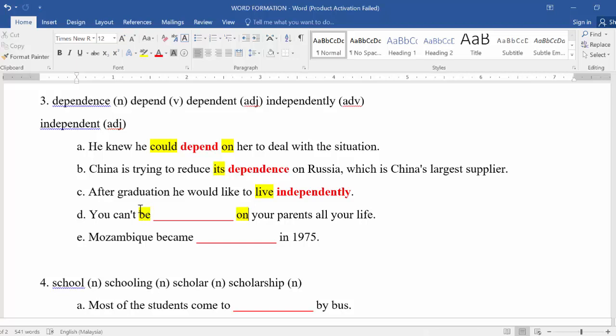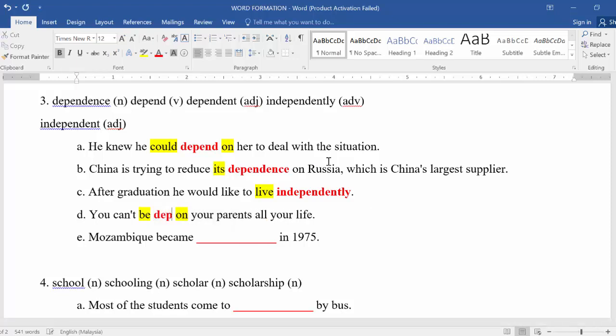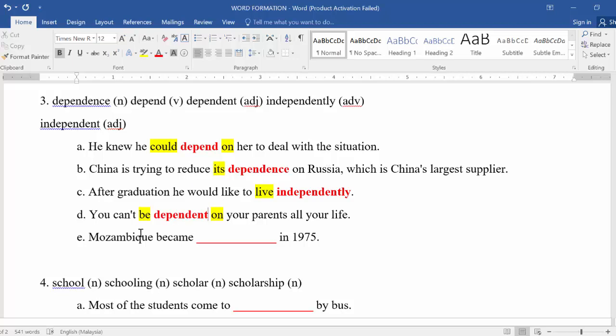Since you already have a verb here, the next one shouldn't be another verb. Do you get what I mean? You have two continuous verbs here. It shouldn't be another verb, so it should be an adjective. You can't be adjective. We have two adjectives here, independent or dependent. You can't be dependent. You can't rely on your parents or your life. So your answer should be the adjective dependent.